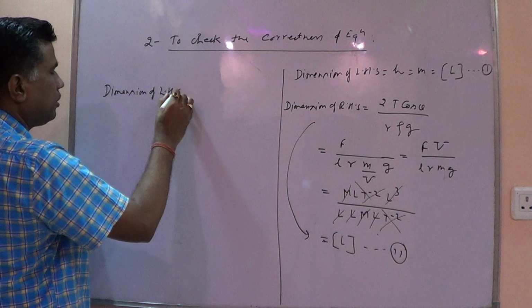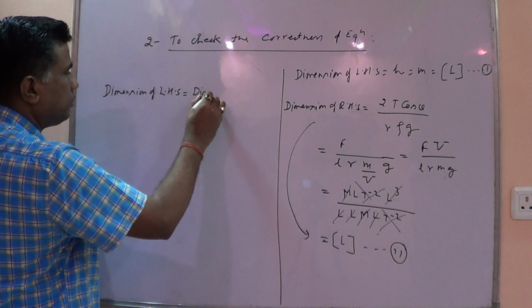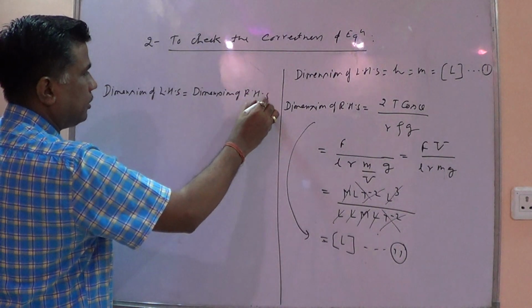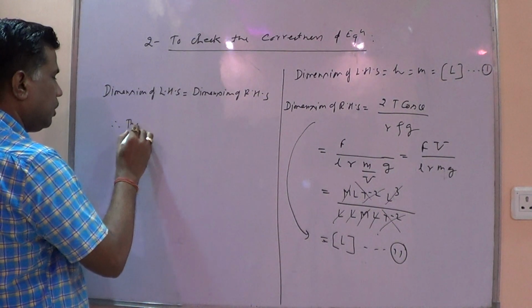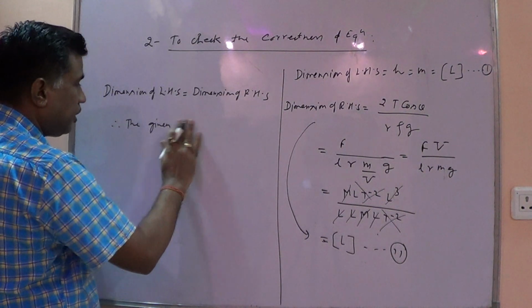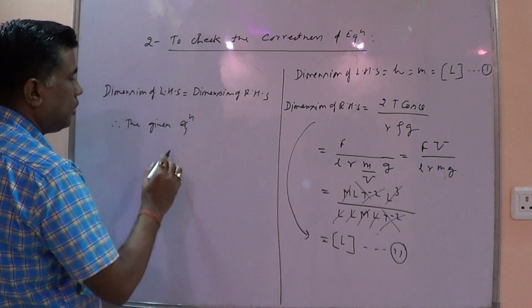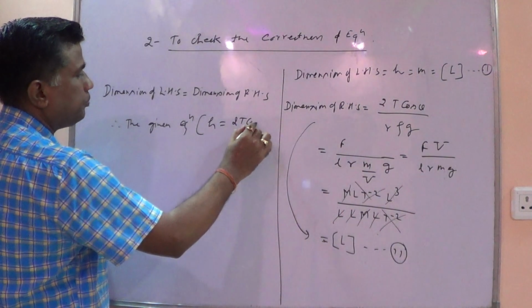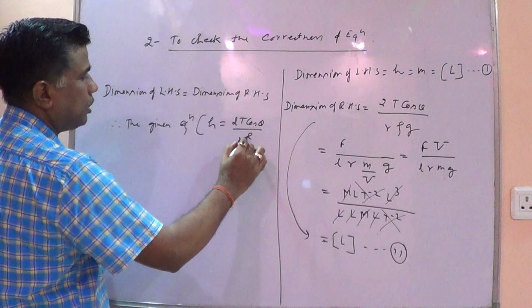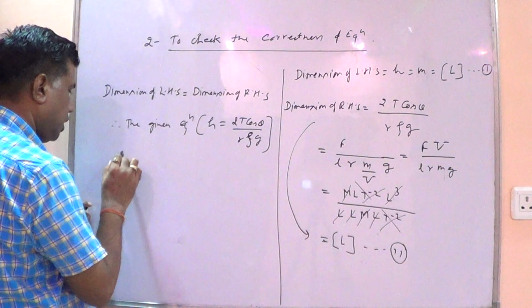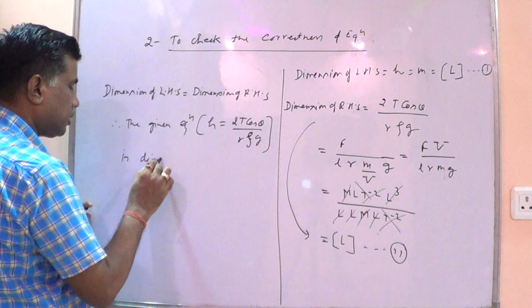Therefore the given equation, what was the given equation? H equal to 2t cos theta by r rho g is dimensionally correct.